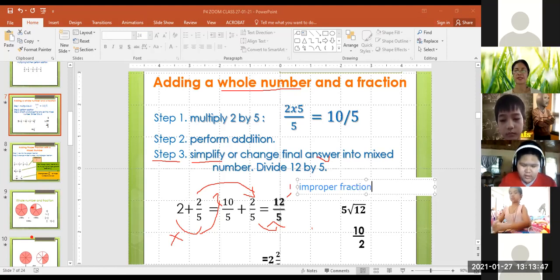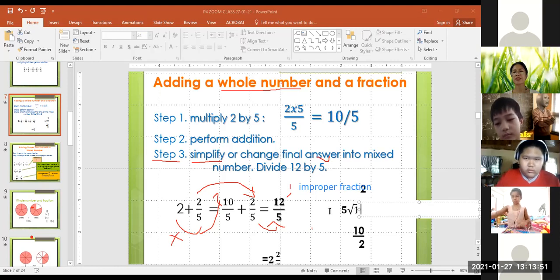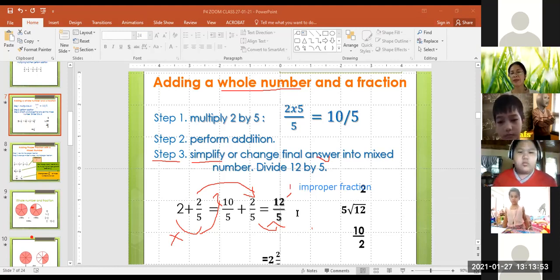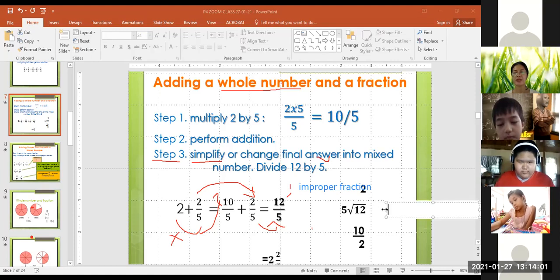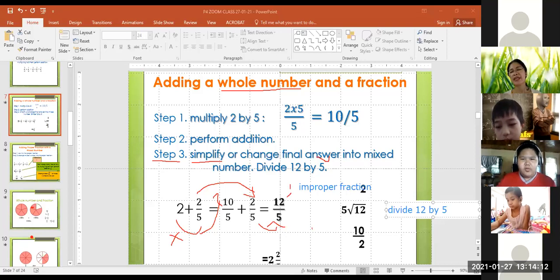See, that is your improper fraction. So what we're going to do this time is we will simplify. So step 3, you are going to divide. You will divide 12 by 5, right? So how many 5 goes into 12?